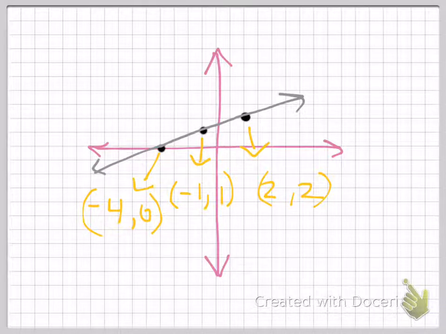My new points would be at (0, -4), (1, -1), and (2, 2), which would actually stay the same. So I would end up with the pink line as my inverse of the relation.